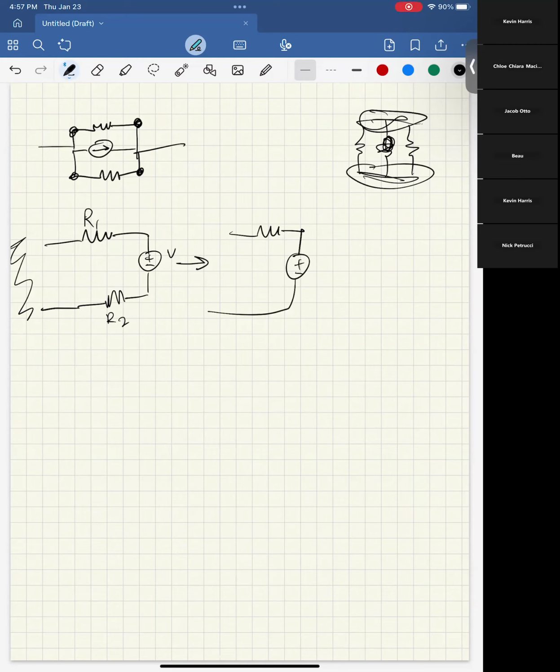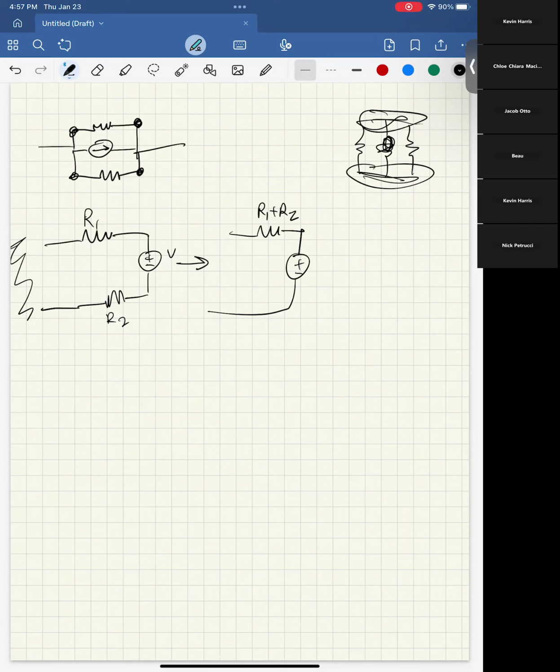As long as the resistors are on the same path in series with each other, it still all works out. As a reminder, series is when things are in a row, and parallel is when things are connected on both ends. Hopefully you all know that. If you don't, probably go to office hours.